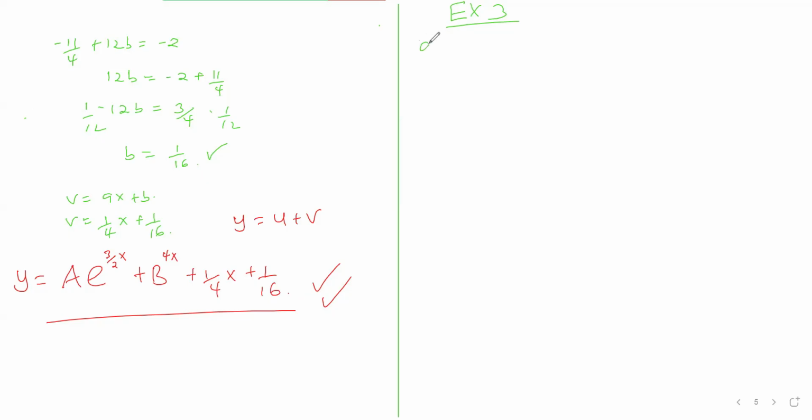So we have d squared y dx squared minus 2 dy dx, then plus y equals 3 exponent of 4x. Interesting. Now this one is an exponential function.